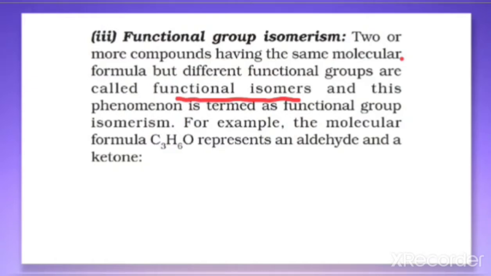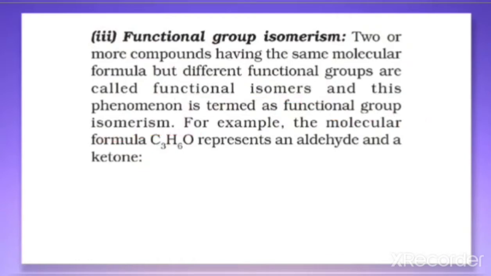They have the same number of those different atoms present in it. But what is the difference? The difference is in the functional group. So definitely the properties change completely because there is a different functional group. So this type of compounds are called functional isomers, and this phenomenon is called functional group isomerism.